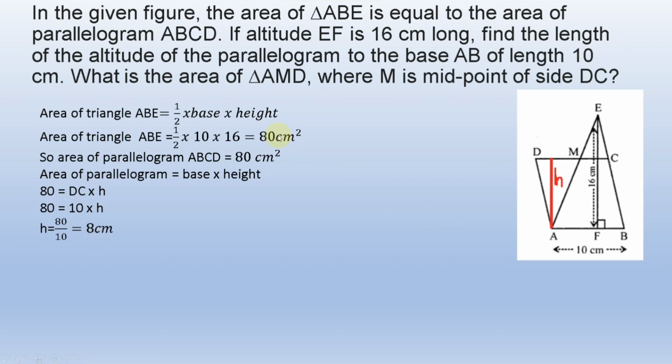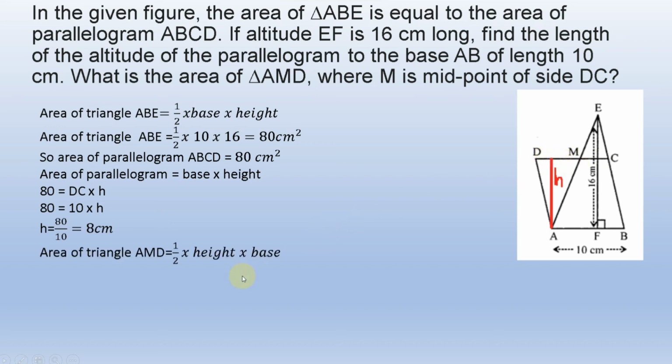Now we need to calculate the area of AMD. This is your H we have calculated, and here M is the midpoint. If M is the midpoint, DM will be half of DC, and DC is 10, so DM will be 5.